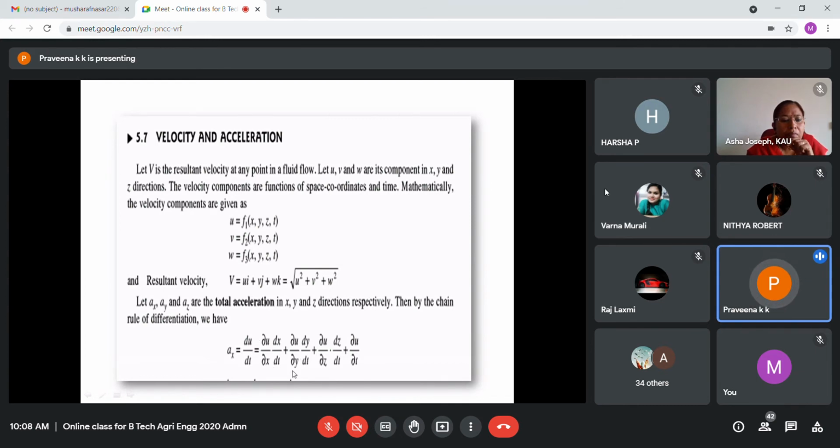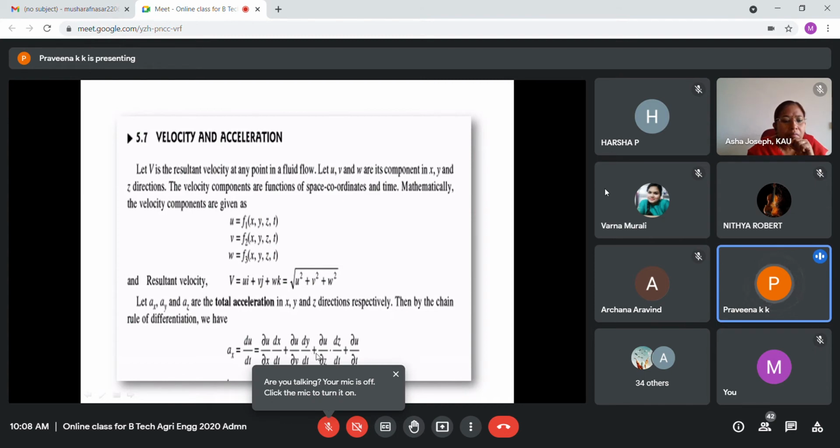By the chain rule, it can be written as dou u by dou x into dx by dt plus dou u by dou y into dy by dt plus dou u by dou z into dz by dt plus dou u by dou t. This is the chain rule of differentiation.